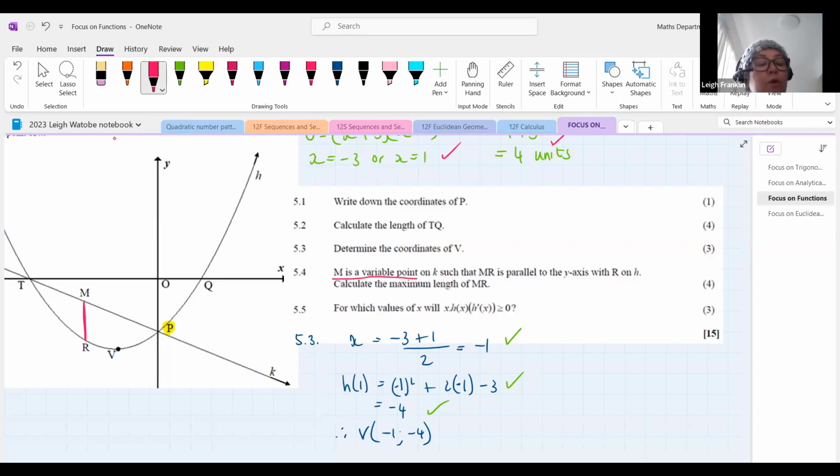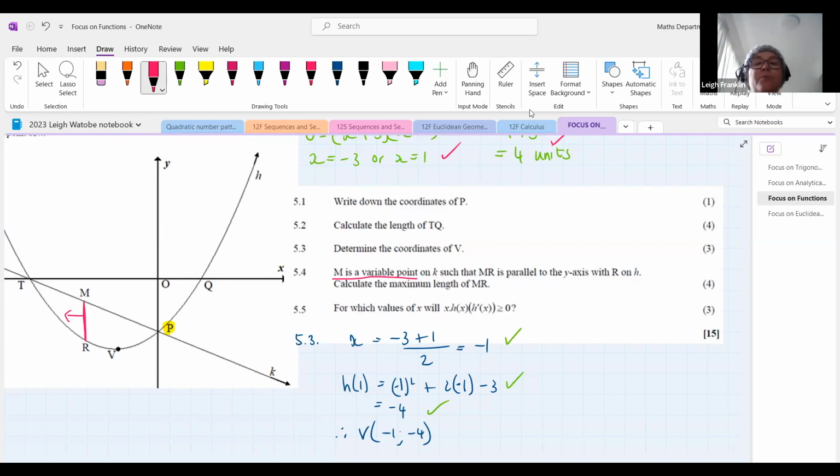So in other words, I can move M. So imagine if I could grab hold of point M and point R, and I could go up towards T. If I take M and R and I move up towards T, what's going to happen to the length of MR as I go in this direction towards T? What's going to happen to the length of MR?